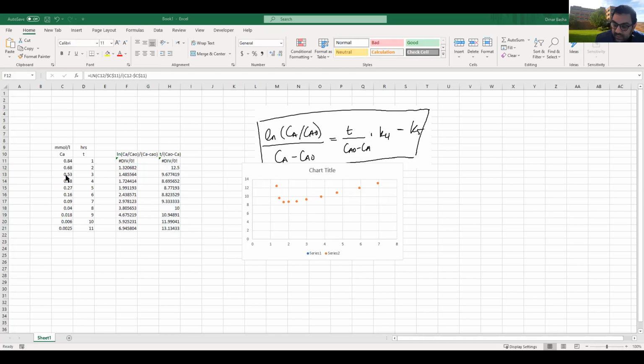The data values are listed, then just 1, 2, 3, 4, 5, 6, 7, 8, 9, 10. Let me verify this equation. So I have ln of CA divided by CA naught, minus CA minus CA naught, right?